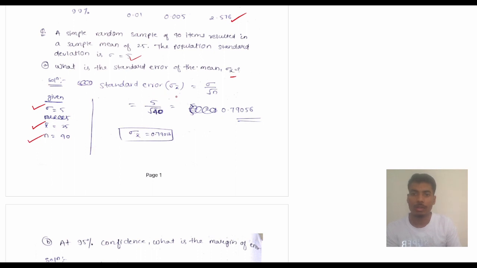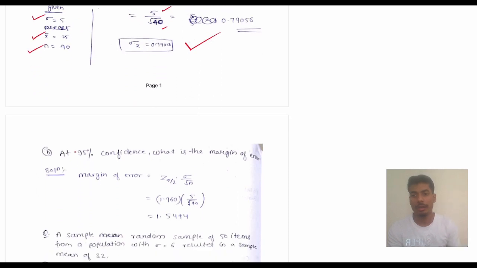What is the formula for standard error? The formula for standard error is sigma by root of n. So 5 by root of 40, you can get 0.79056.